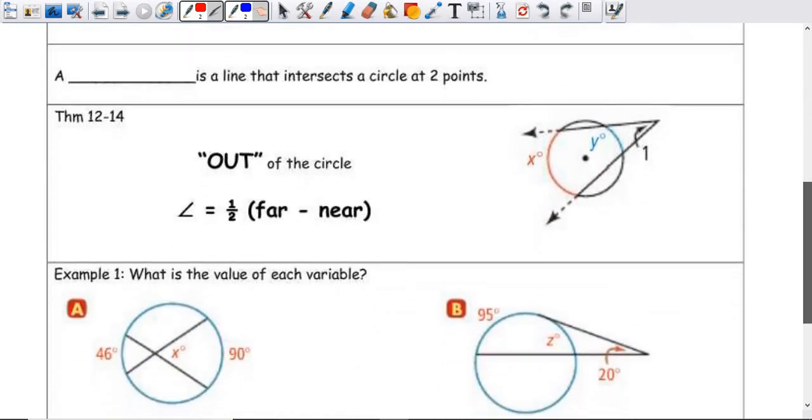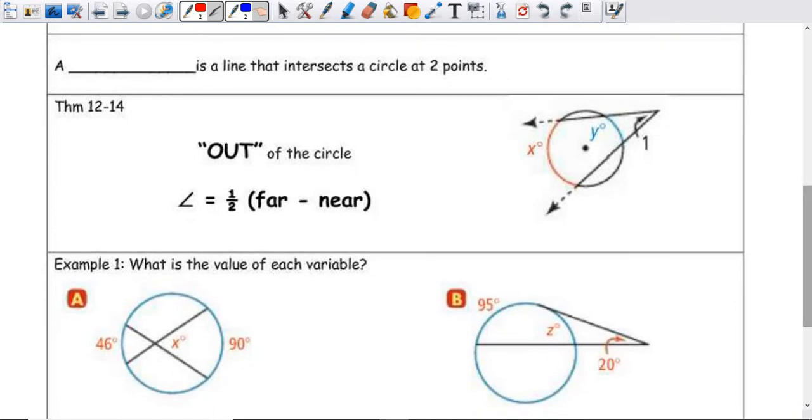All right? Now, a secant is a line that intersects a circle at 2 points. For this one, we're going to talk about when the angle is outside of a circle. That's why we need to know what a secant is. So, looking at this angle, we're going to talk about angle 1, and we notice that it's outside of the circle.